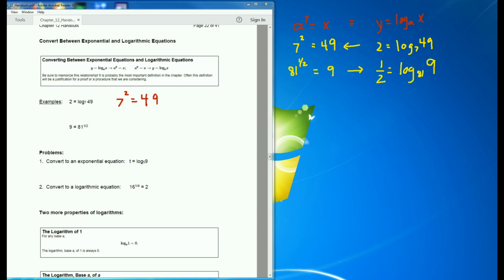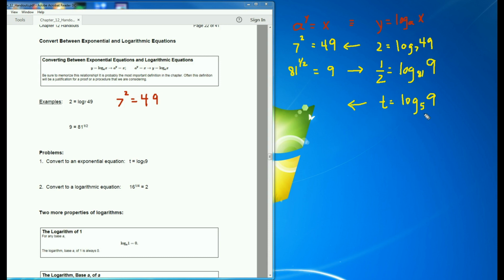All right, so for the first one, again, we're starting with a logarithmic equation. T equals log base 5 of 9. And we want to go this way to an exponential equation.